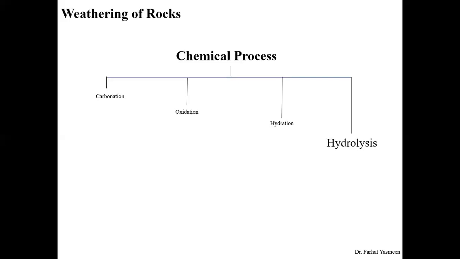Chemical weathering is a very fast process, and it occurs faster in tropical regions because of the presence of heat and more abundant water due to rain. So these are the different chemical processes which take place in the weathering of rocks or the lithosphere.